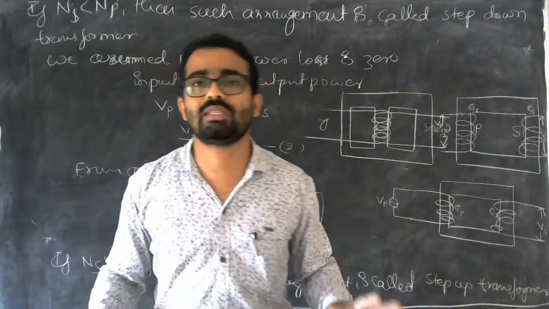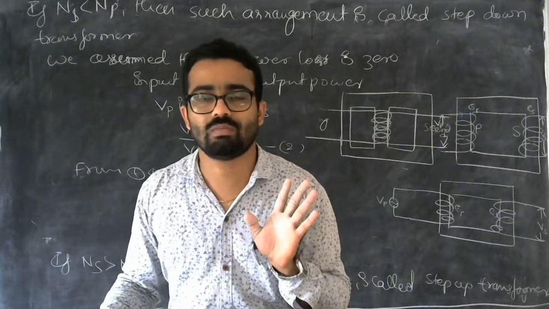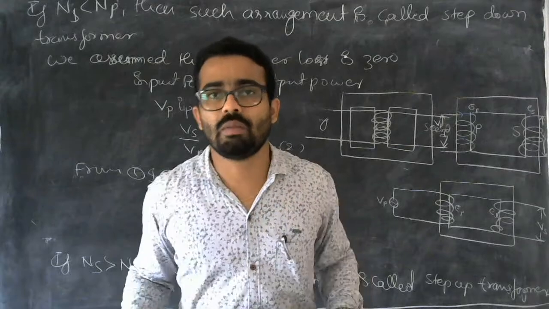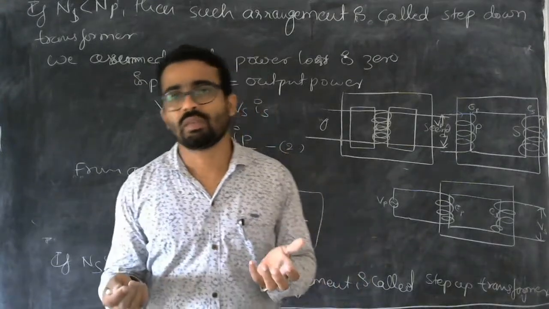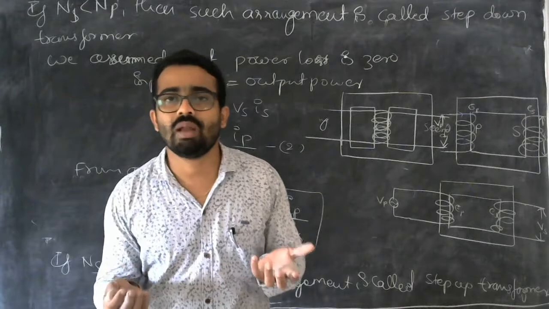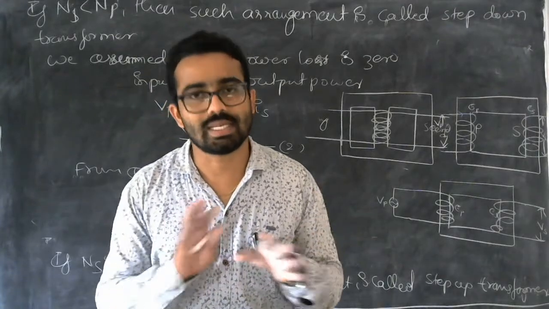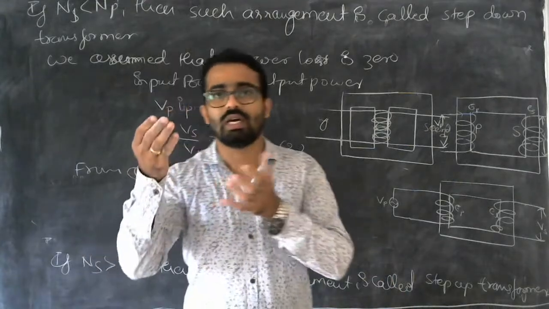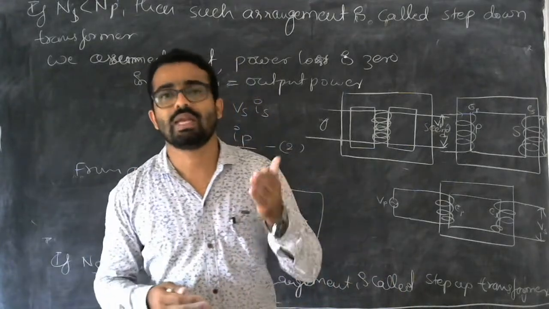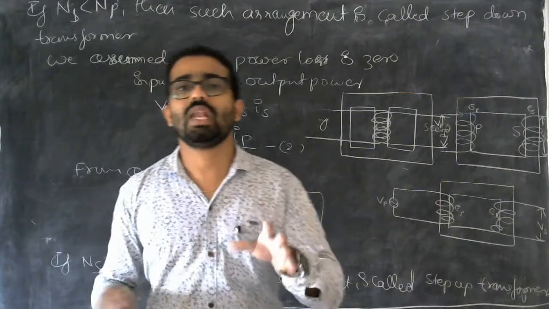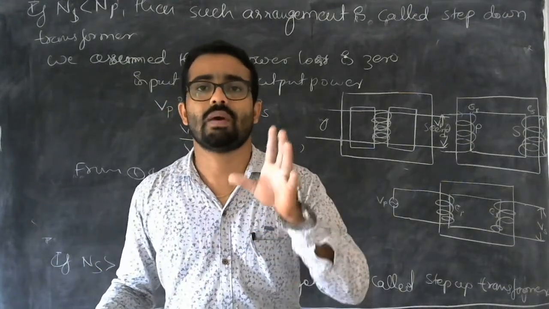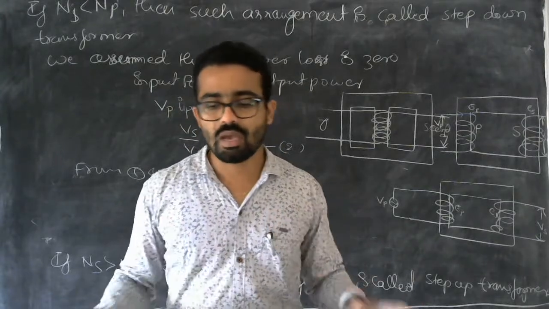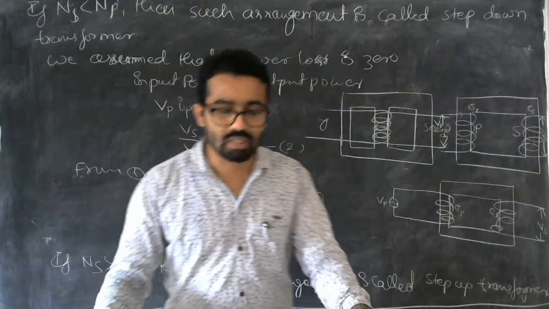And the eddy currents produced in the core are 0. Actually, a transformer we assume as an ideal one does not exist in reality. That is why, as I told you, some assumptions were made about the energy losses, or the power losses, in the case of a transformer. So this is about the concept of this transformer.